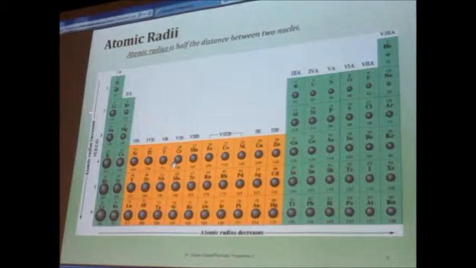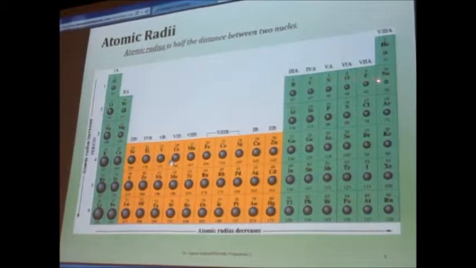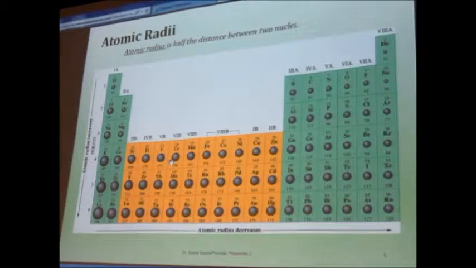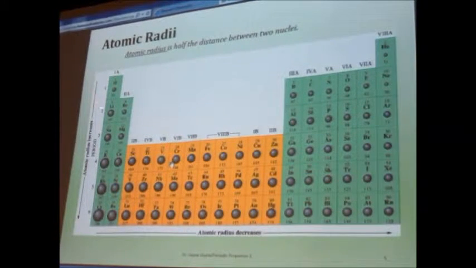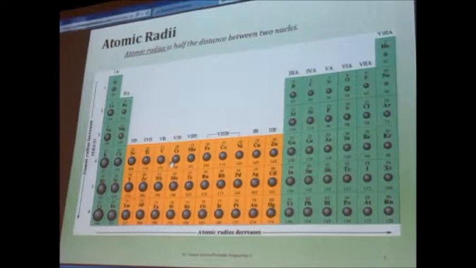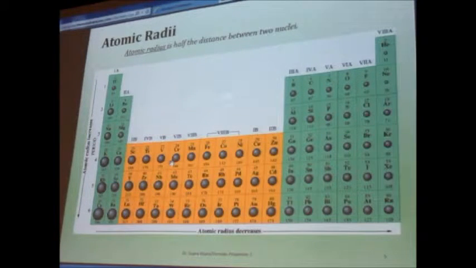As you go across a row, the number of electrons is increasing, effective nuclear charge is increasing, attraction to the valence shell is increasing, which means the electrons are getting pulled inside towards the nucleus, which means the size of the atom is going to decrease as you go towards the right, because as you go across a row, the electrons are entering the same valence electron shell.